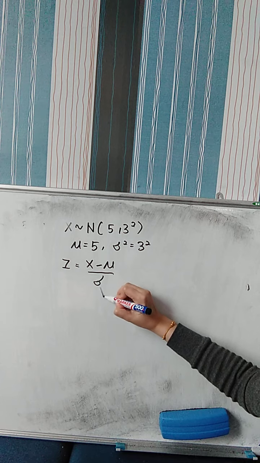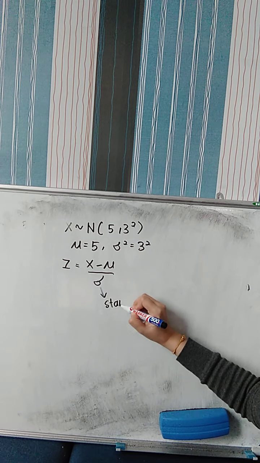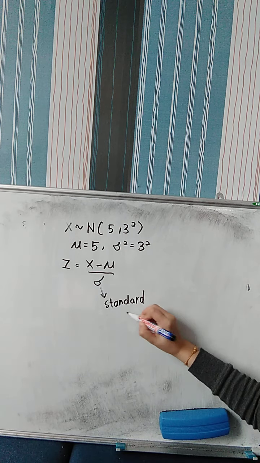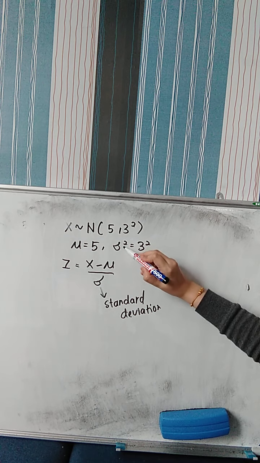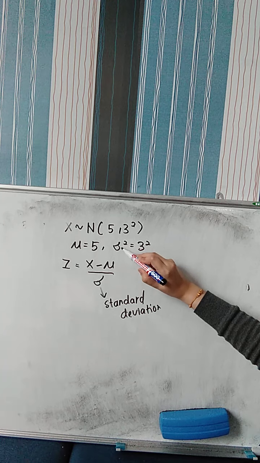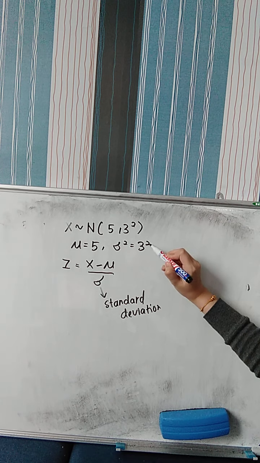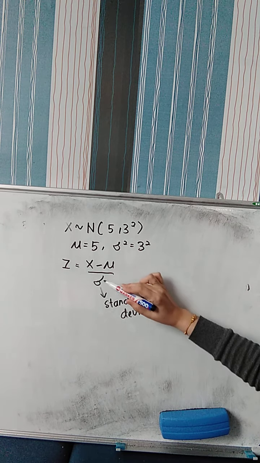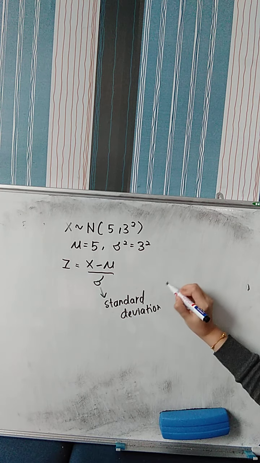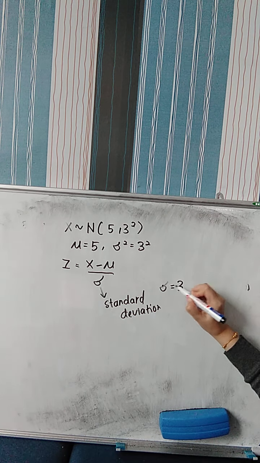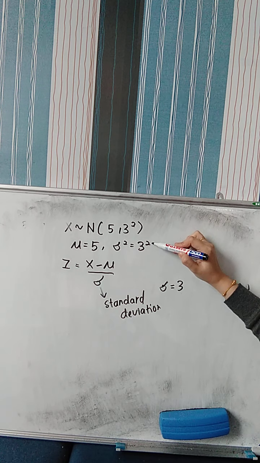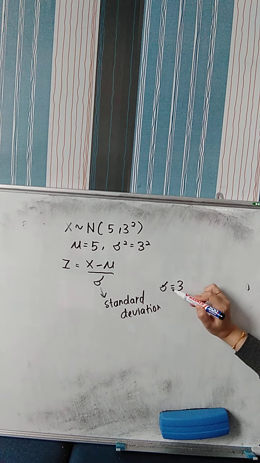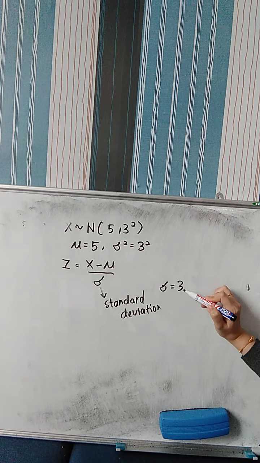Sigma means standard deviation. Given here sigma square is 3 square, so what is your sigma? Your sigma is only 3. Variance is 3 square, so standard deviation is 3 only.